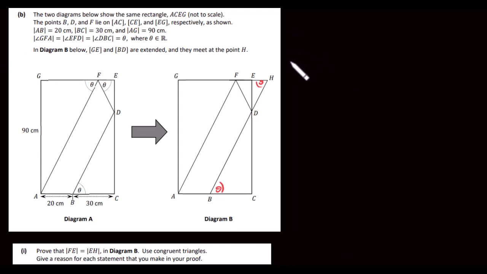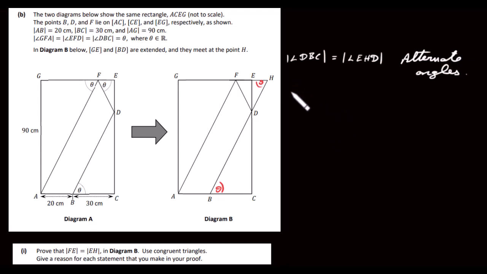The statement is that the size of the angle DBC, this angle down here, is equal to the size of the angle EHD. And the reason is they're alternate angles. So those two are equal anyway.